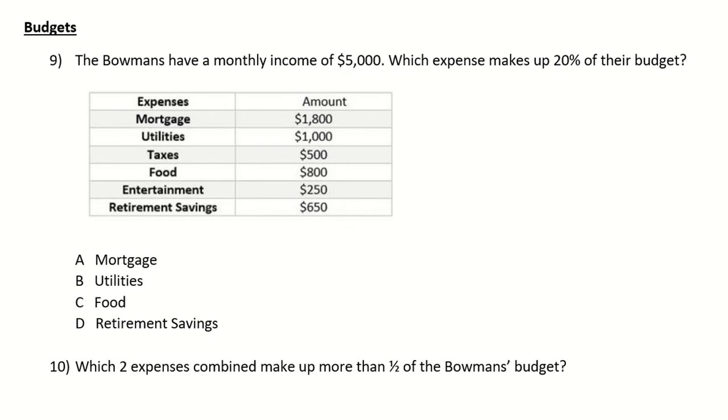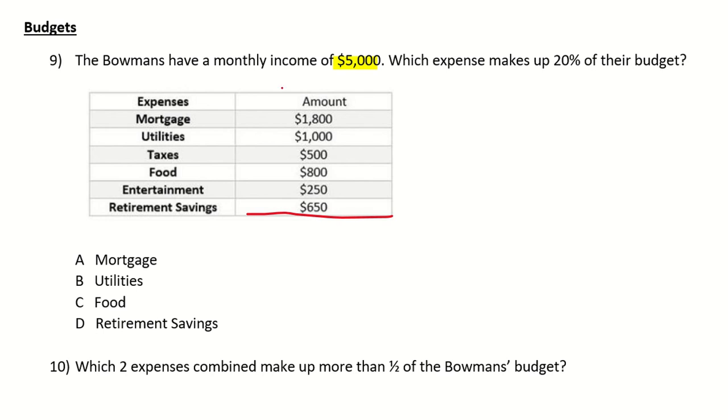Another topic that's on your test is budgets. There's just going to be one or two questions, very similar to what I've got here, number 9 and 10. The Bowmans have a monthly income of $5,000. Which expense makes up 20% of their budget? What they've actually done, which is nice, is added up everything.